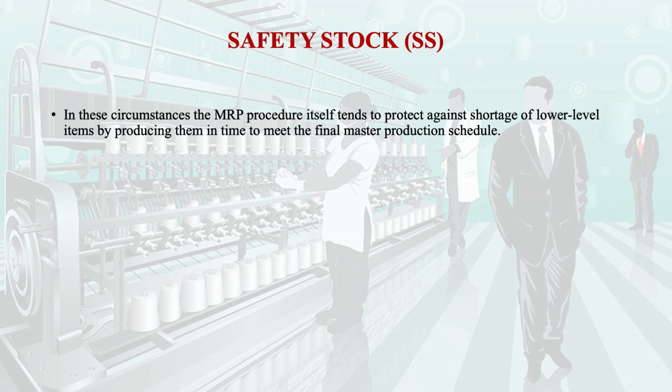In these circumstances, the MRP procedure itself tends to protect against the shortage of lower level items by producing them in time to meet the final master production schedule.